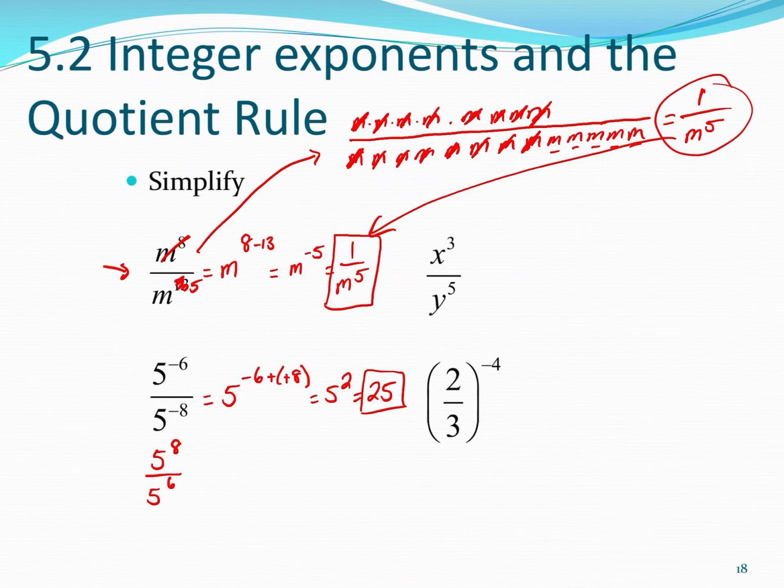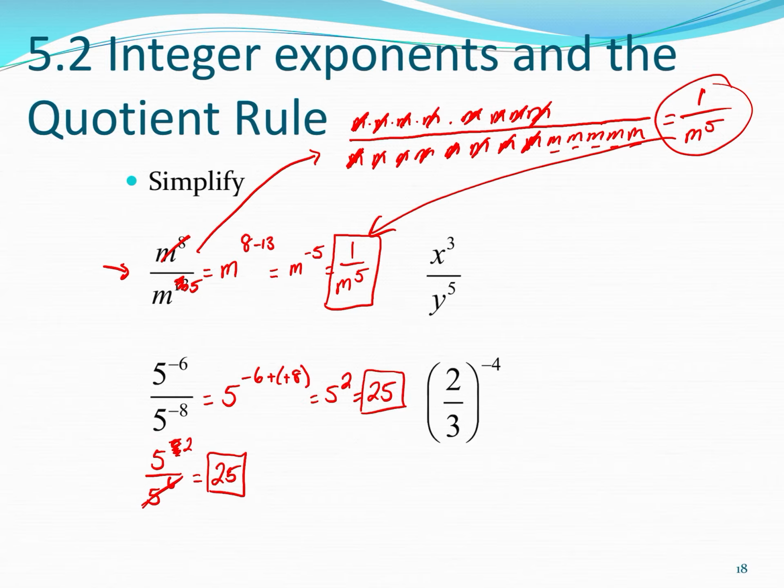But here's the way I would approach it. I would start out by making my exponents positive. And so the way we do that, we have just seen, you flip this and make it 5 to the 8th divided by 5 to the 6th. And then we're going to think about, well, what cancels out? Well, there's 6 5s on the bottom. There's 8 of those on top.